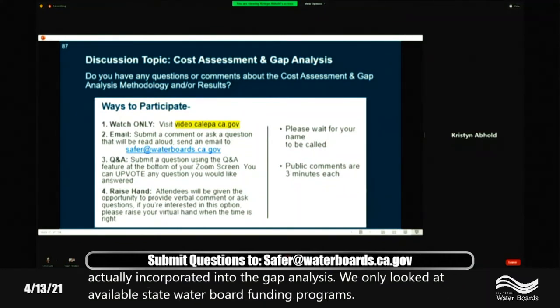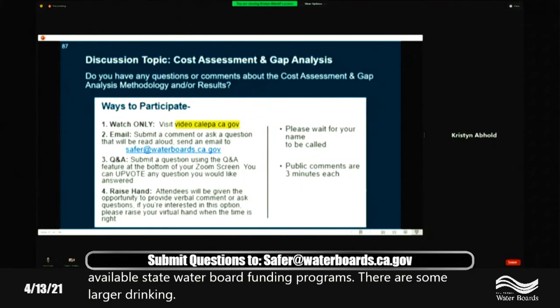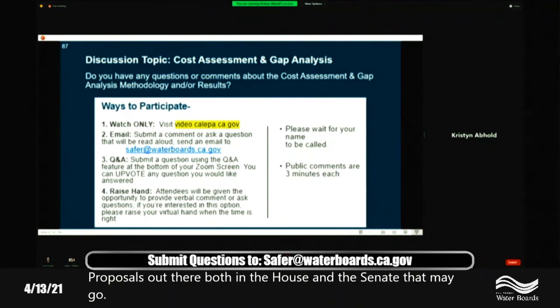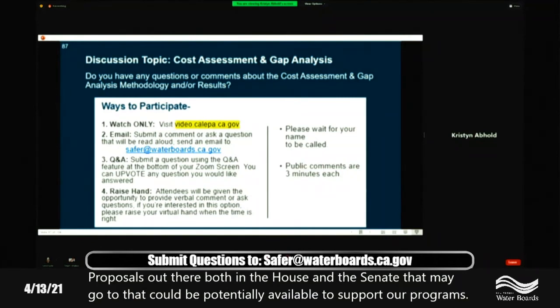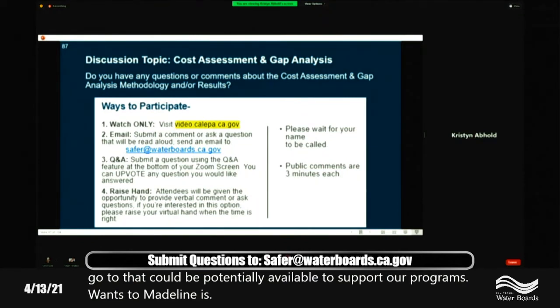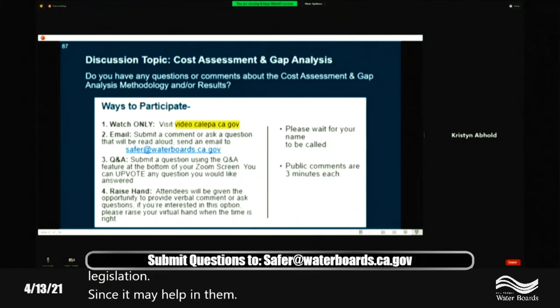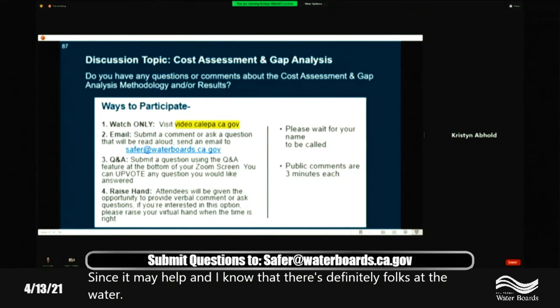There are some larger drinking water bills and federal level proposals out there, both in the House and the Senate, that could potentially be available to support our programs. Madeline is recommending that the state support the legislation since it may help. And I know that there's definitely folks at the water board engaged in those conversations. So we will see where things go.